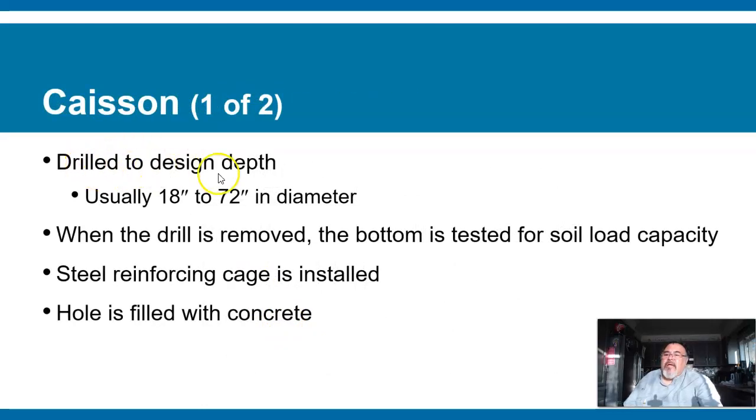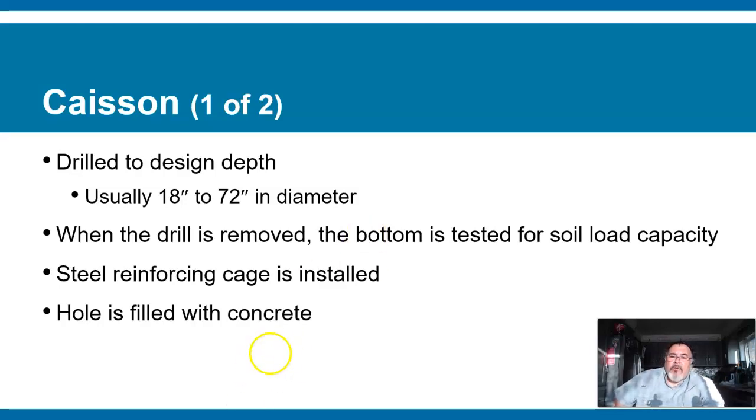They're drilled to a design depth, usually 18 inches to 72 inches in diameter. That's 6 feet. When the drill is removed, the bottom is tested for load capacity, soil. So they want to make sure that the dirt is much harder and much more compact than it is deeper than it is up above.